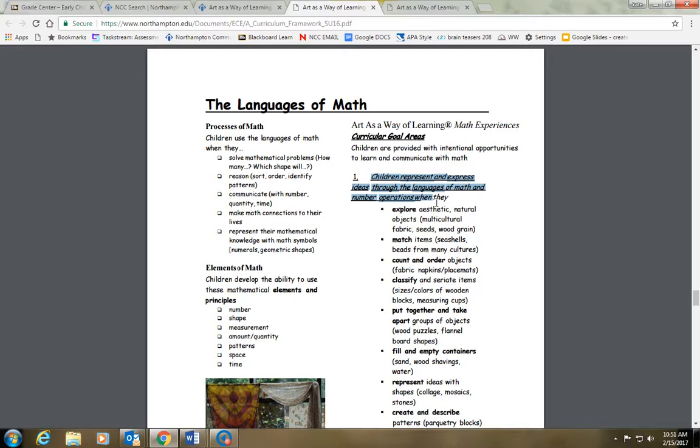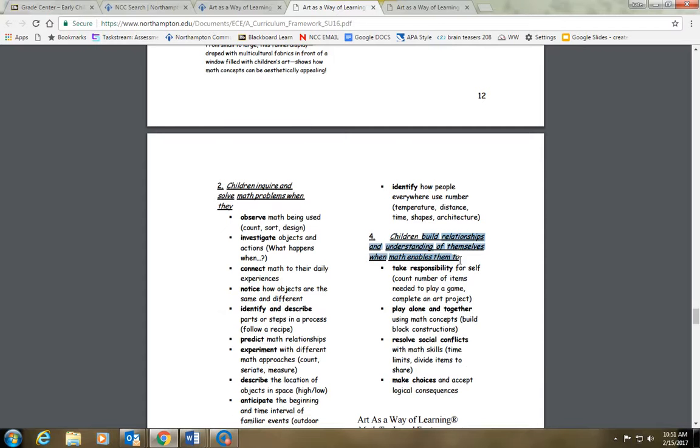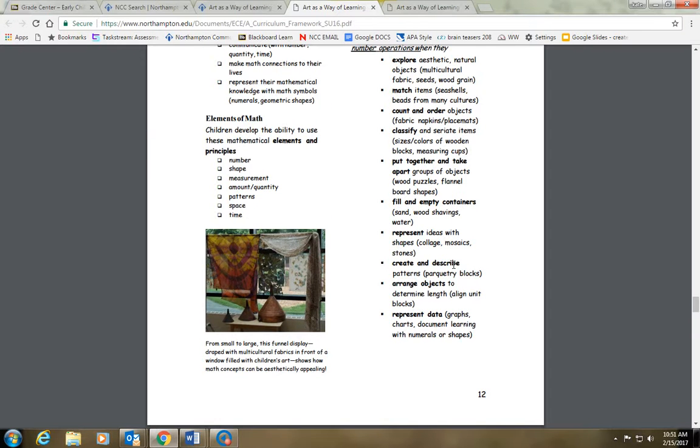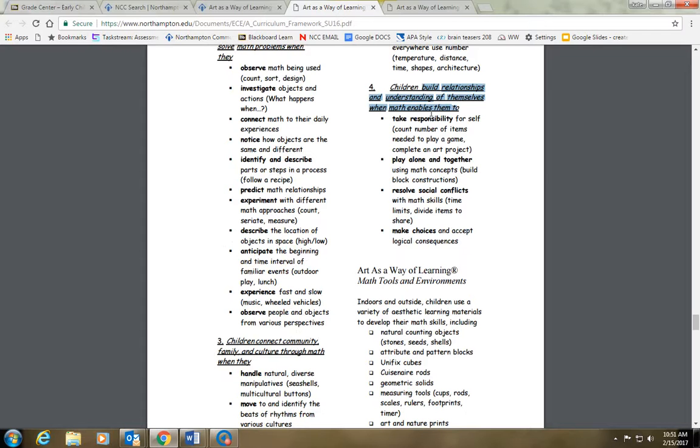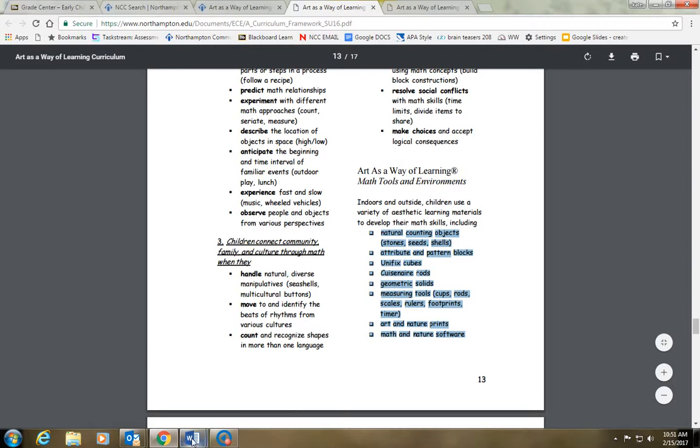If for some reason they didn't, then tell me what else they learned. Let's say they didn't represent and express, but you think, I can't believe how much they built relationships. Then say, they didn't represent and express as much. They did this and this, but what they really learned was this and this. I'd also like to mention that here are some other tools and resources for promoting math that you can use.